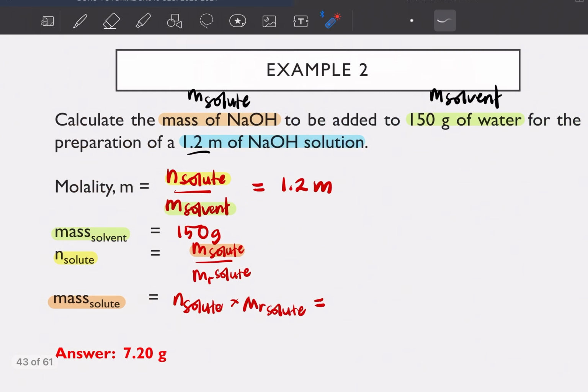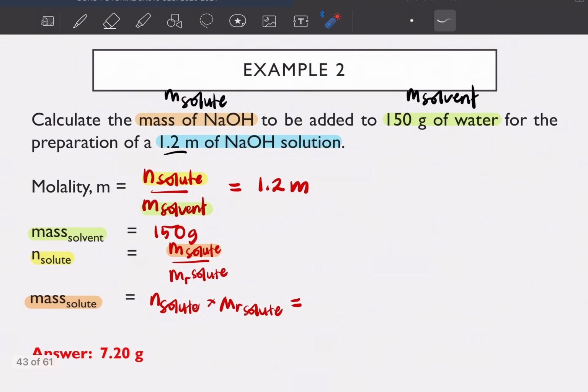Okay, right. Next example, yang ni pun sama, not really sama, but dia complicated sikit je. Okay, the question asks you to calculate the mass of sodium hydroxide. That will be the mass of your solute to be added to.